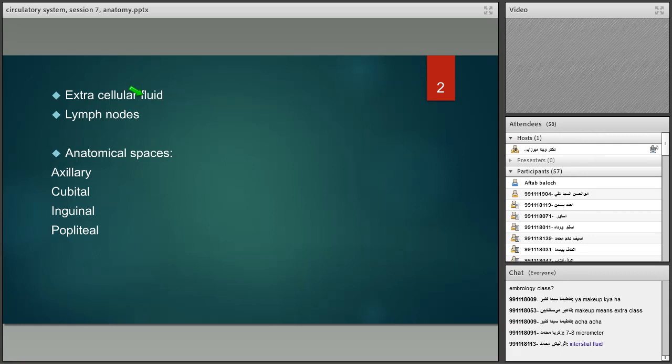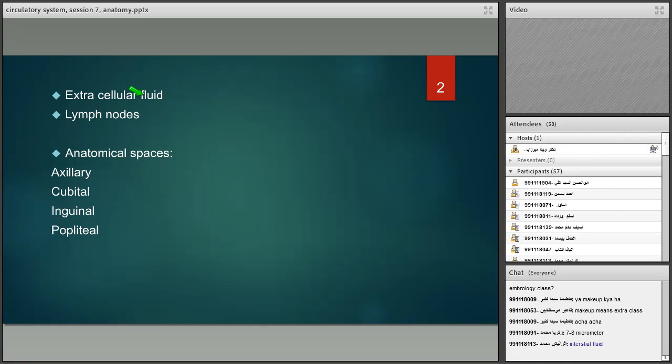You know that the power of the blood pressure is much higher in arteries than veins. Okay? The blood pressure has much more power in arteries compared to veins.